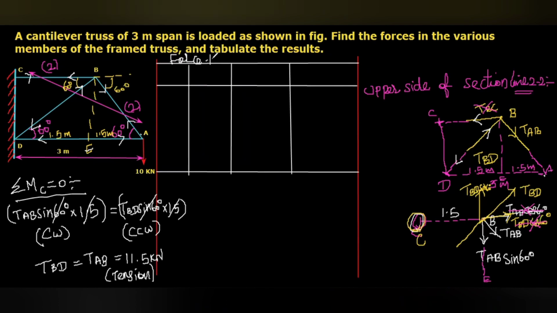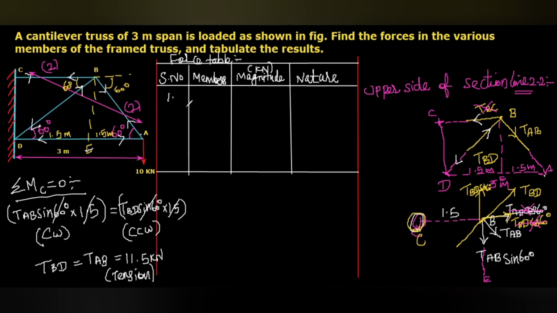That means we have to tabulate all the values. First one, serial number. Second one, the members. Third, magnitude, and its unit is kilonewton. Fourth one, the nature.